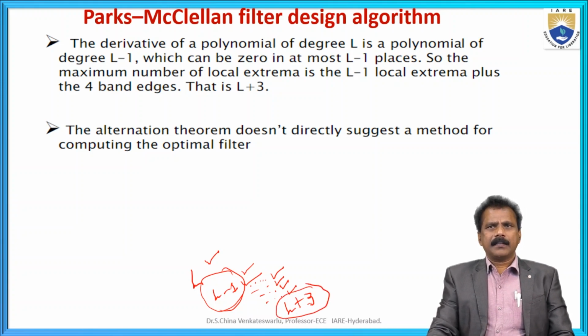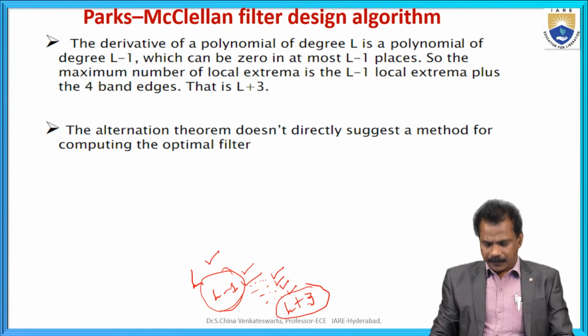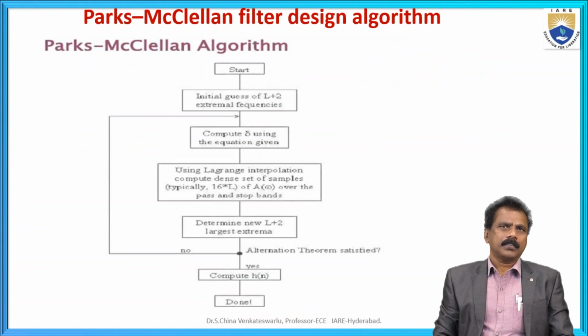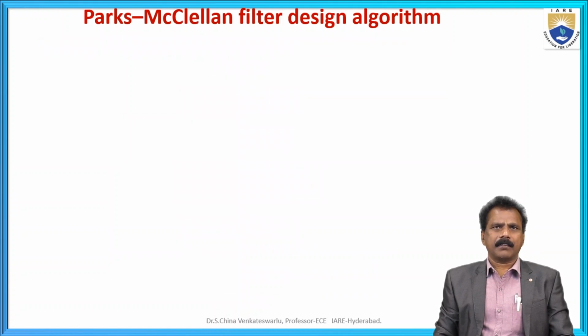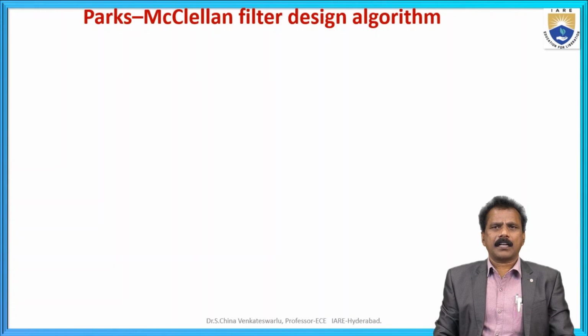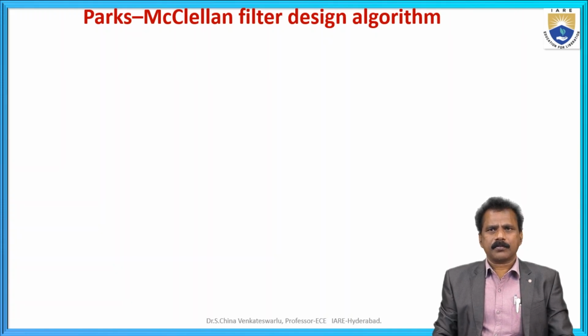Yeah, the alternation theorem does not directly suggest a method for computing the optimal filter. Okay, now if you are using this implementation of this particular theorem, you see this. Once we have collected the background and history of this particular algorithm's design aspects, we are ready to implement it using a step-by-step procedure.